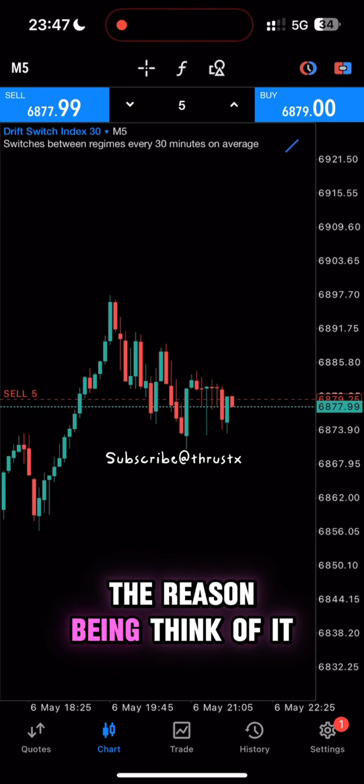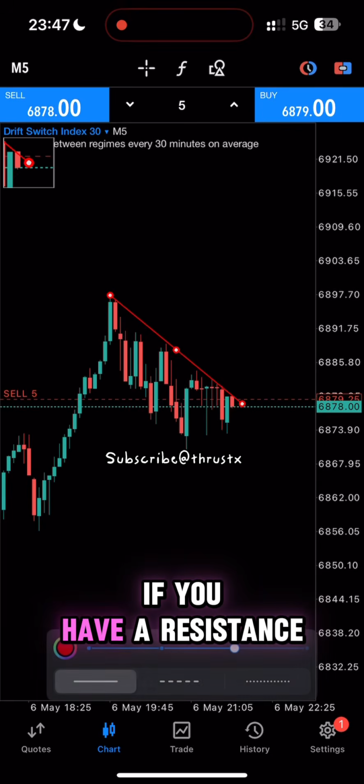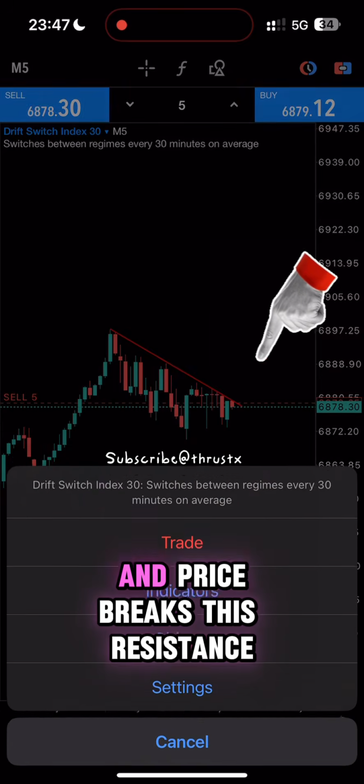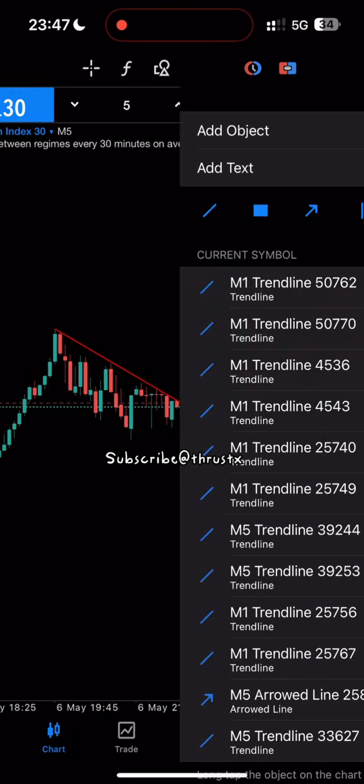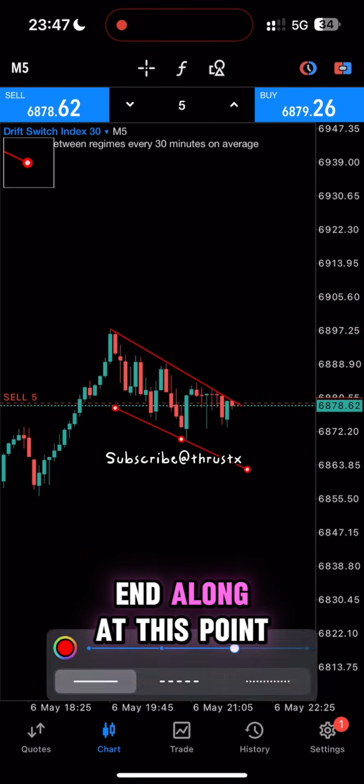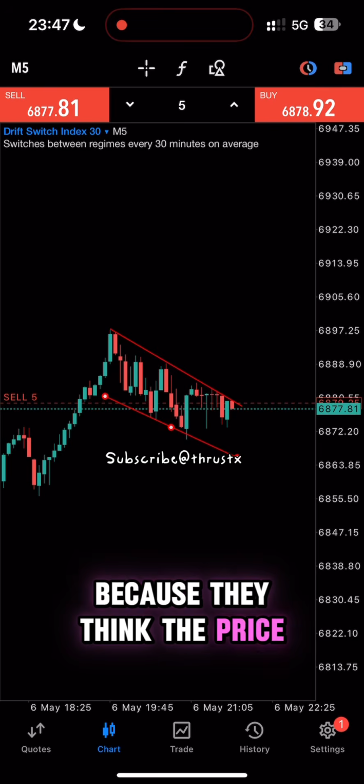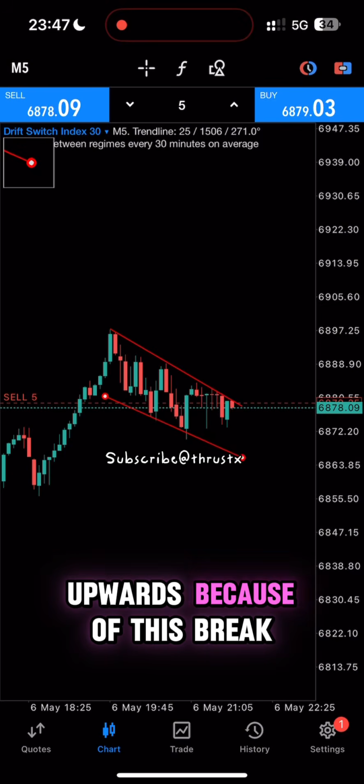The reason being, think of it like this. If you have a resistance right here and price breaks this resistance, a lot of traders will enter long at this point because they think the price is going to start heading upwards because of this break.